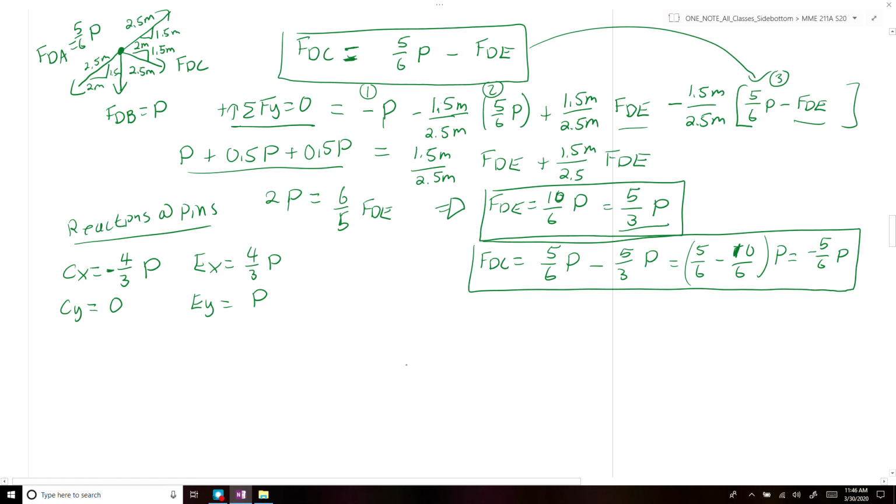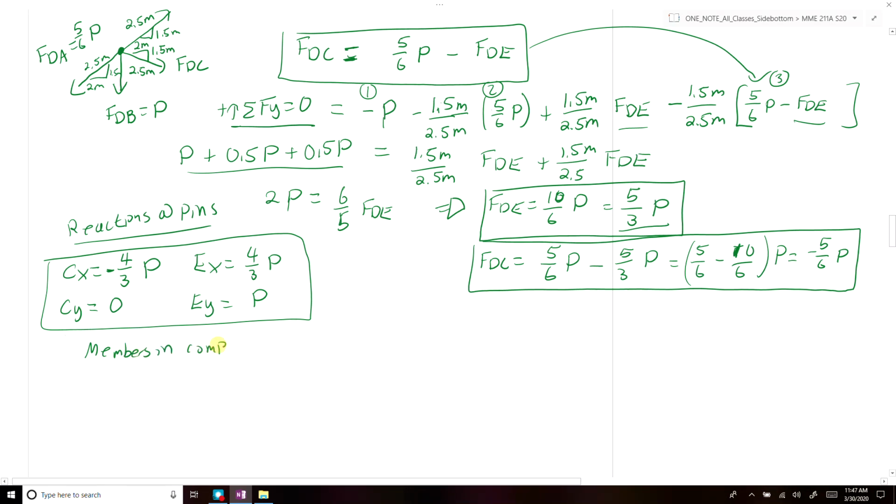Anyhow, if we go back to the problem statement, it asks us to determine the maximum force that you could apply to prevent the forces from exceeding the allowable limits. What we need to do now is look at the members of our truss that are in compression and the members that are in tension.